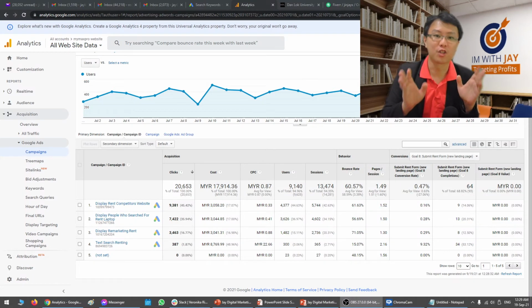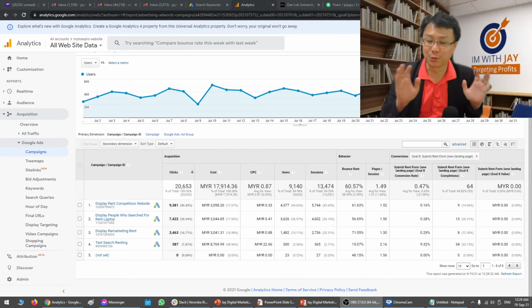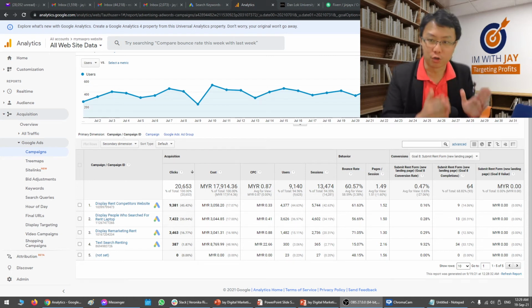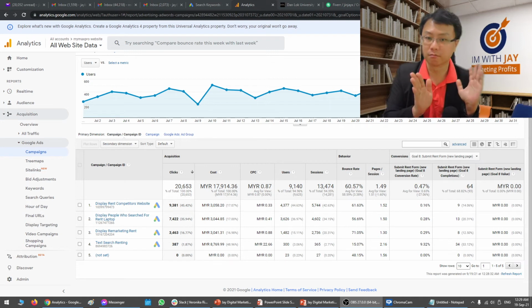Number six, not tracking conversions. Now, don't be overwhelmed with all of these numbers. Don't be intimidated. This is just going to be a quick point. You want to track which ad is giving you the conversion, which ad is bringing the lead, which ad is bringing the sales. Now, you do not have to do this on your own, because chances are business owners I worked with in the past do not implement this.